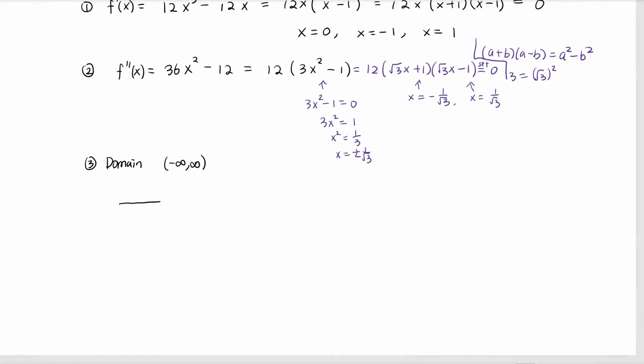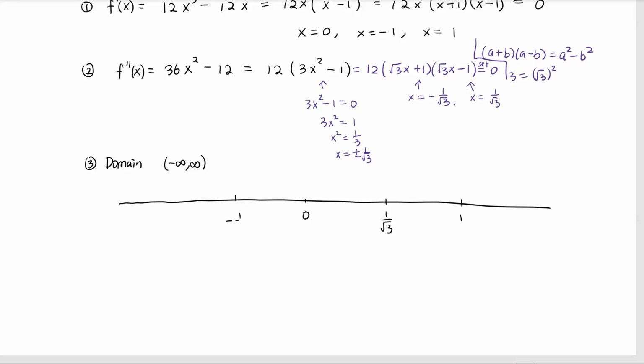And then we can draw a diagram. The real number line separated by the important points, which are the critical points. And so where do we put the minus 1 and 1? Okay, because the next important points are the plus or minus 1 over root 3. That is smaller than 1. So we put the 1 here, and then we put 1 over root 3 here.